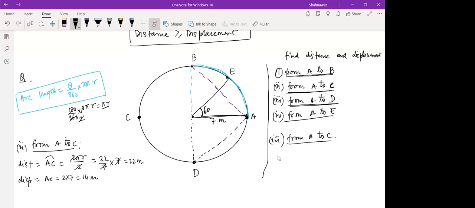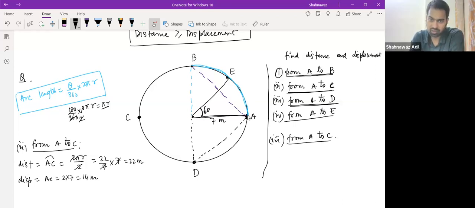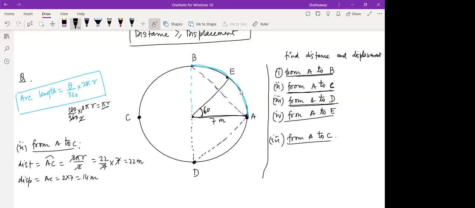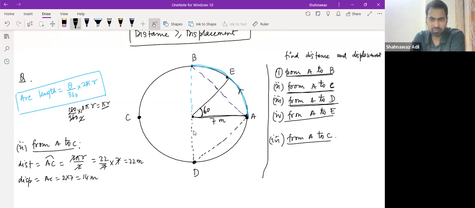So arc AD. Will it be the same 7 root 2? Sorry, not 7 root 2, 11. No, we are calculating A, B, C, D. This R, not this R, because we are moving in this way, right? Yes, sir. So this has come from this point.